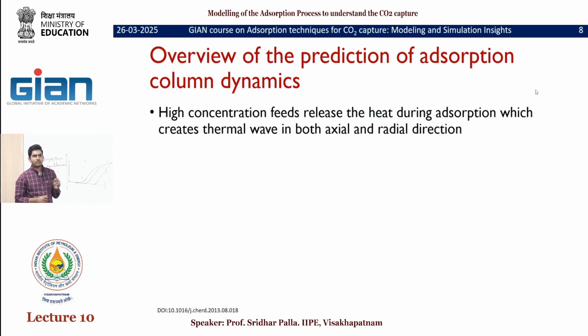Unfortunately, we are going for porous materials where the thermal conductivity is very poor. This is how our bed looks like: there are pellets which are packed. The pellets are porous pellets.